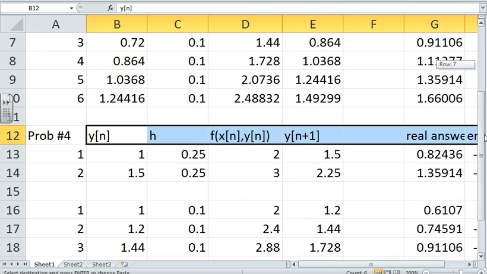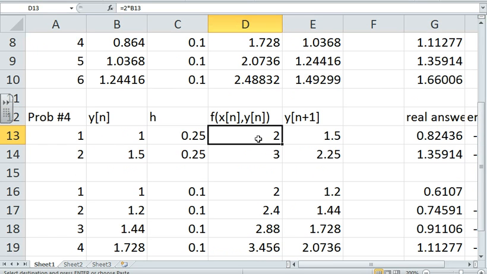Okay. So now I want to know the function is going to be not 2x, but it's going to be x minus y.